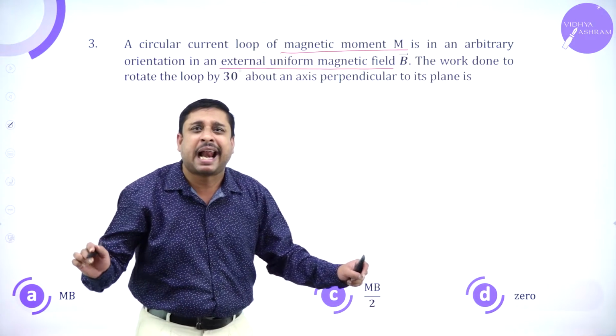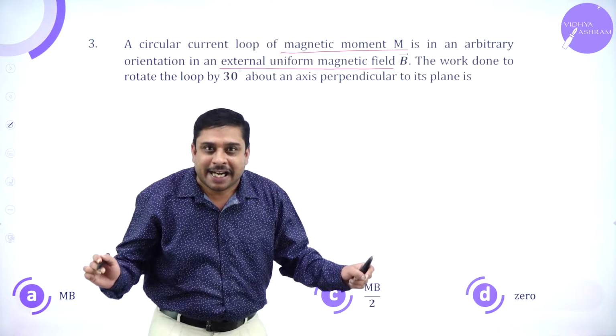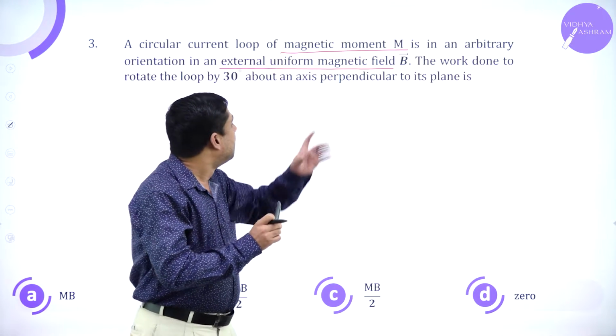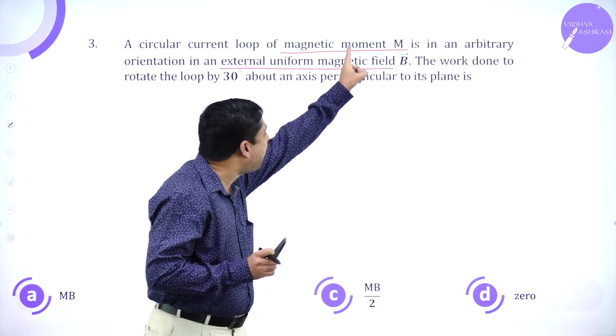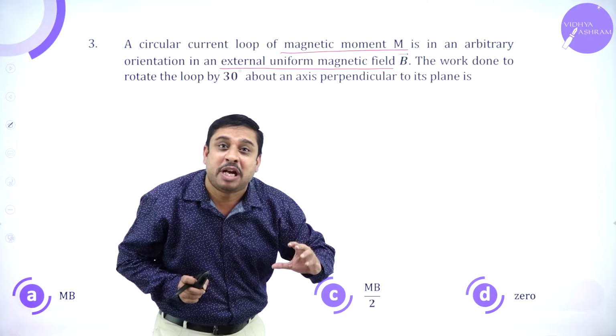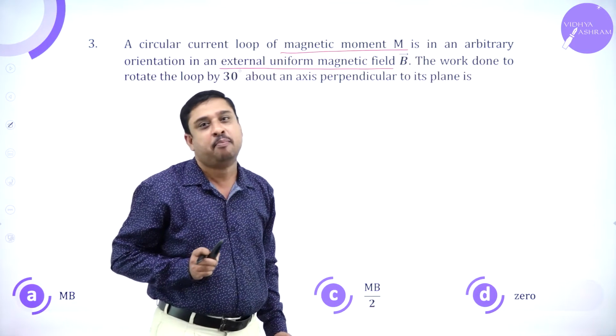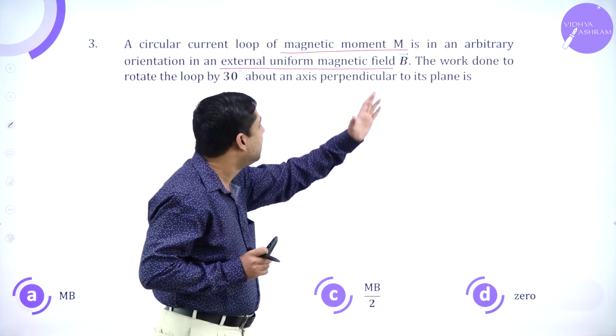Arbitrary means random. So a current loop with a magnetic moment M is randomly oriented in an external magnetic field.